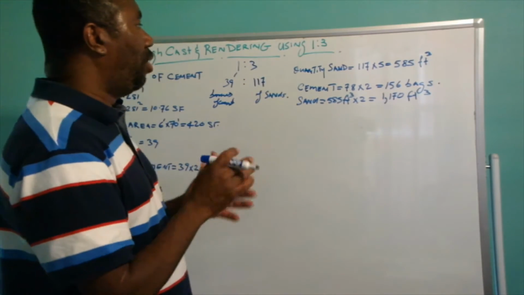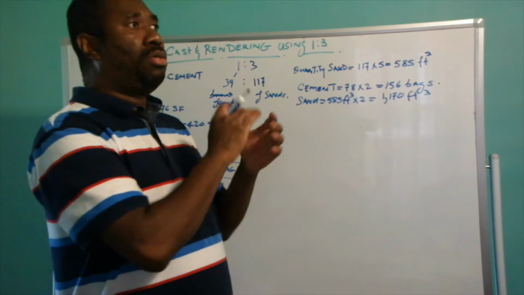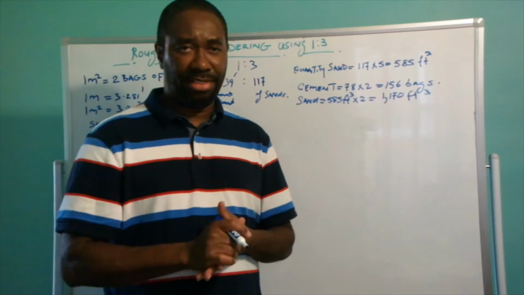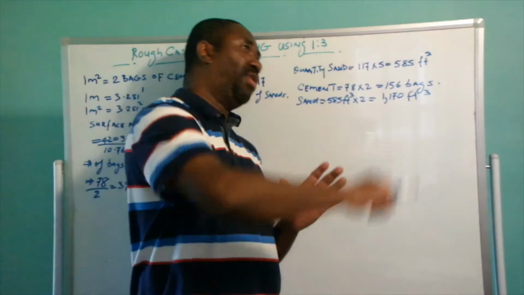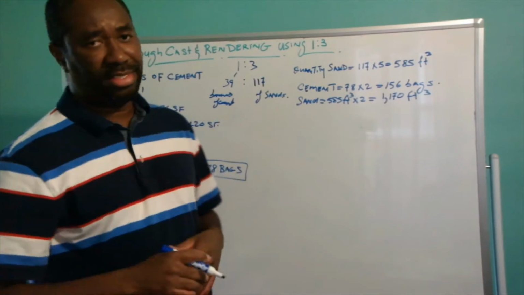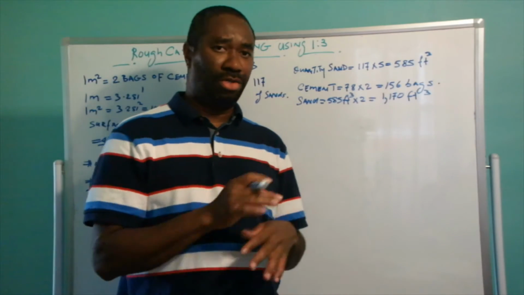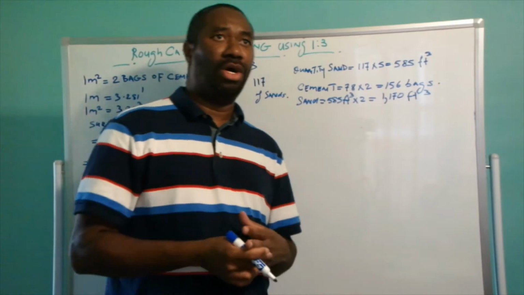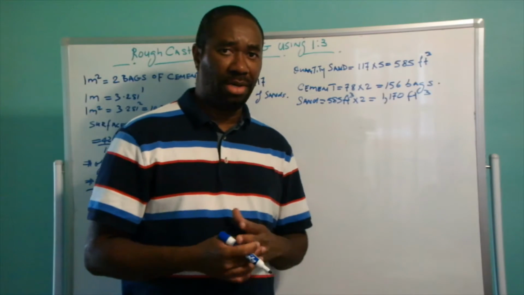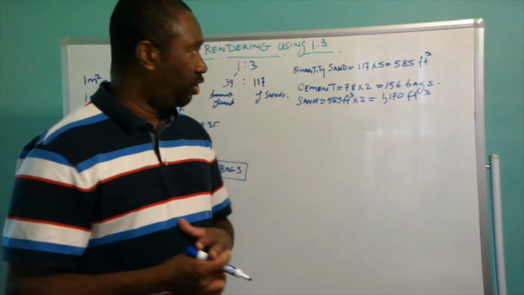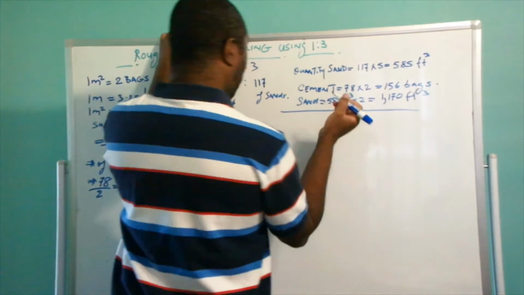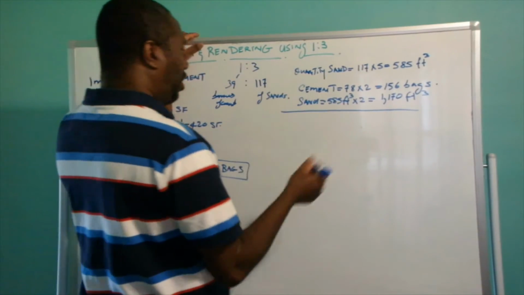Now we know that rough cast carries a lot of waste. When you flash the rough cast onto the wall, a lot of it is going to drop, is going to fall off. So based on my estimation, I'm going to use a waste factor of 10%. 10% is equivalent to 1.1.